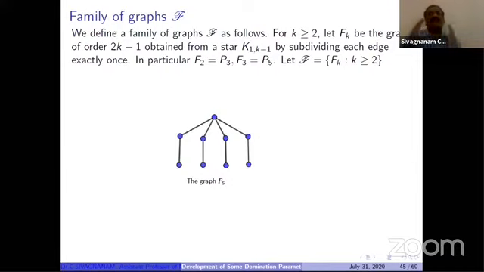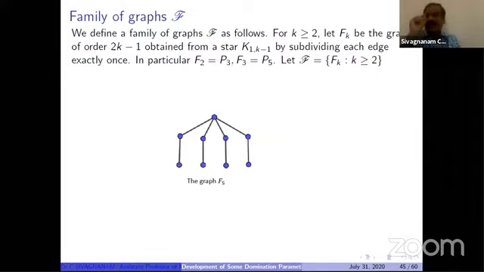So we define the family of graphs T as follows. The simple idea is a subdivided star. Let Fk be the graph of order 2k minus 1 obtained from a star. Basically, it is a subdivided star. We draw one star and subdivide each edge by a vertex.